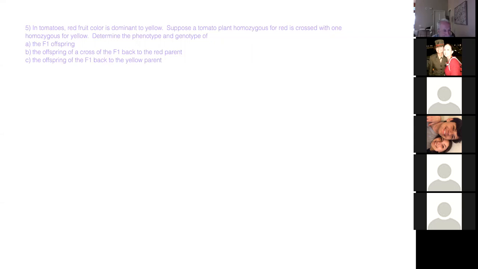This is still a monohybrid. We're only looking at color. So I'm going to use capital R equals red, lowercase r equals yellow. If I have a tomato plant that's homozygous for red, the red plant must be big R, big R. The yellow plant must be little r, little r.